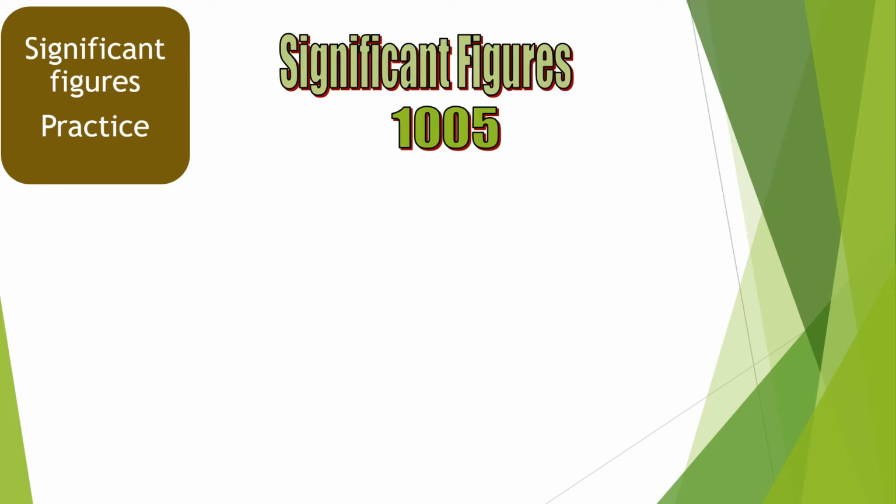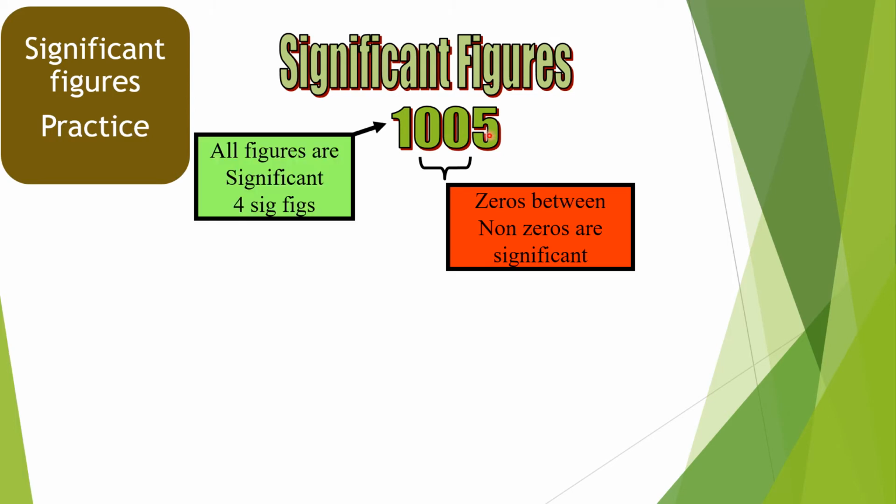Here in 1005, zeros are in between two non-zeros. So all figures are significant and we have 4 significant figures.